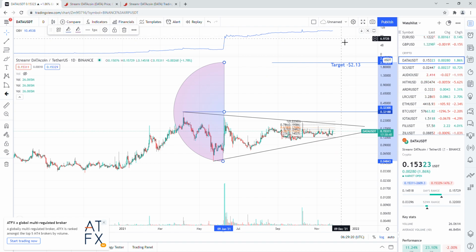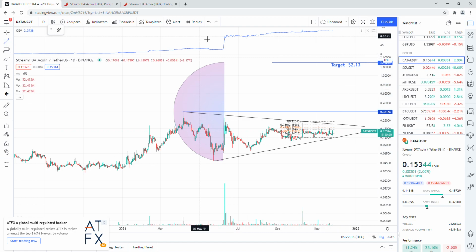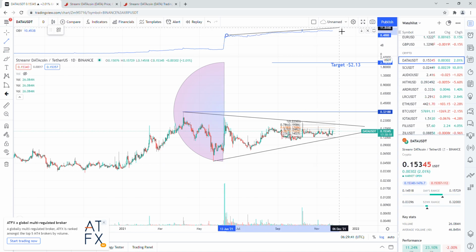It shows you how tightened up the coin is, like a spring about to go. We can see bullish divergence on the OBV. It's very clear, it's been going up and up and up, and we have a very nice bullish divergence on OBV.